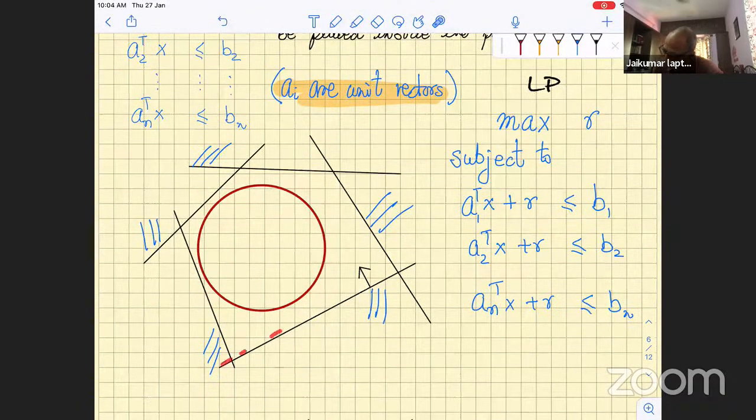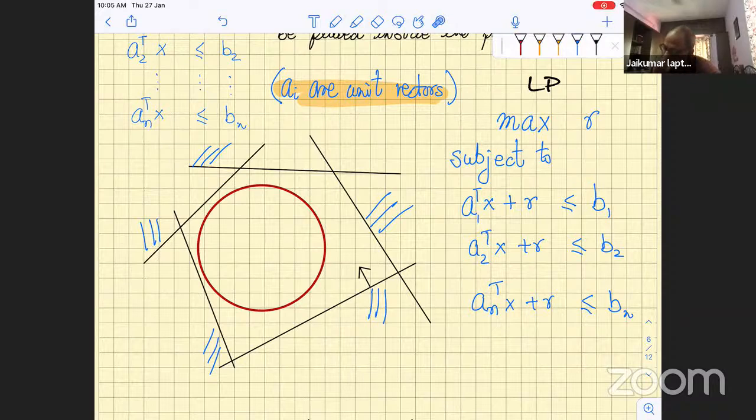So a dot x equals b. Sorry, my normal is probably drawn the wrong way. The normal should have been like this. So a dot x equals b. So all these points, a dot x is greater than b, and the points inside the polygon, a1 dot x is less than b1.